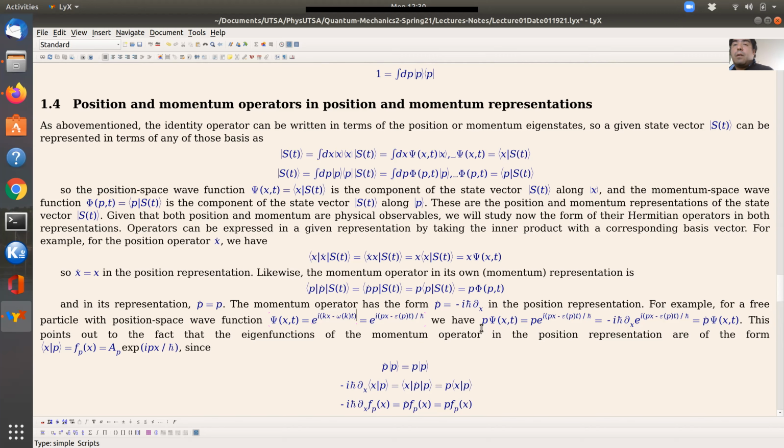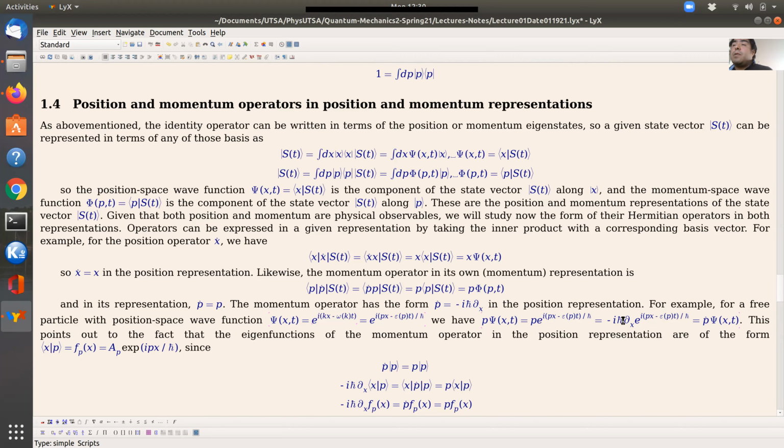And then, actually what I'm trying to prove is that it has this form. We have P times the wave function in the position space, which had this form, of course. Then how could you retrieve P from this function representation?